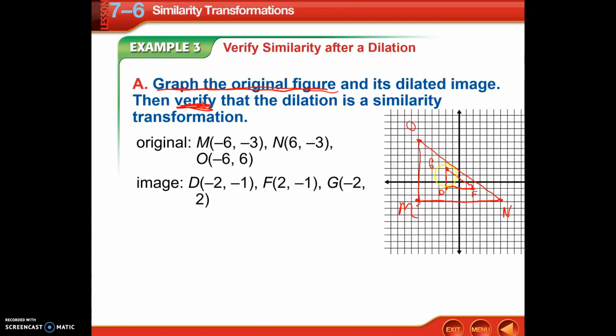So this length here from G to D is 3 over 9.